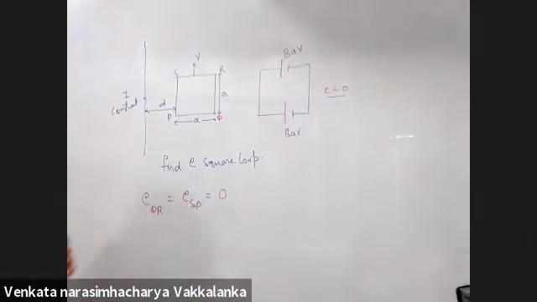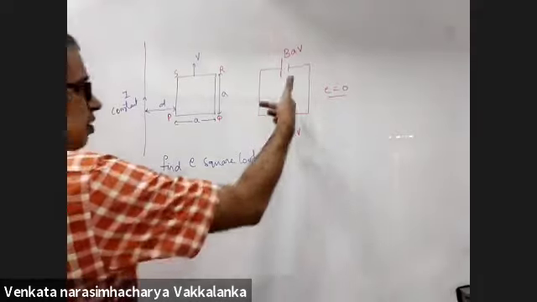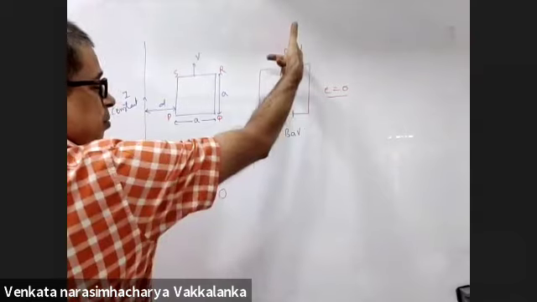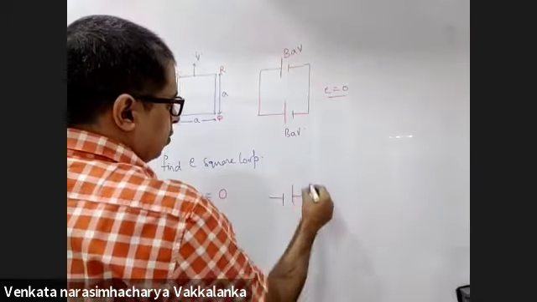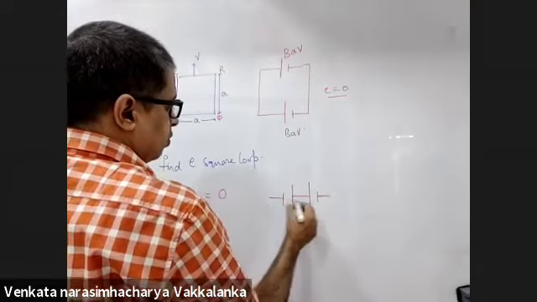So it gets cancelled. Why is it getting cancelled? Shouldn't it add up? See the directions of the battery. For this, current goes from negative to positive, negative to positive. When you connect two batteries this way, why will they add up? They will cancel out.